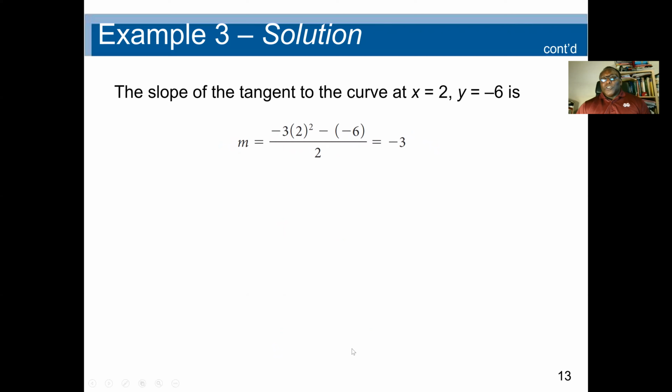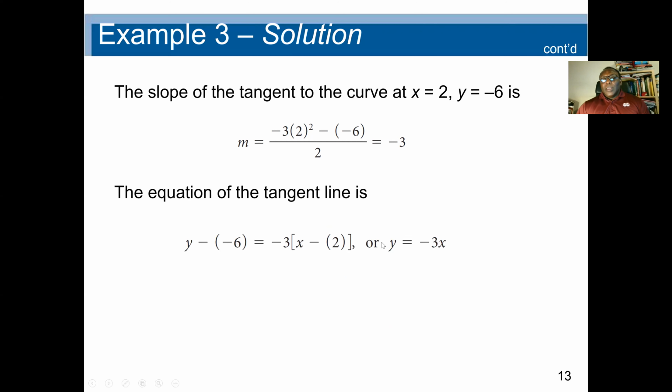And then finding the slope, remember they gave us the point, x and y. So we plug in the x value and we plug in the y value, and the slope is negative 3. Now, if I know the slope, I can find the equation of the tangent line using the formula y minus y1 equal to m times x minus x1.